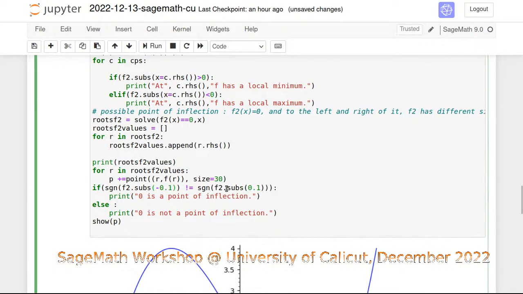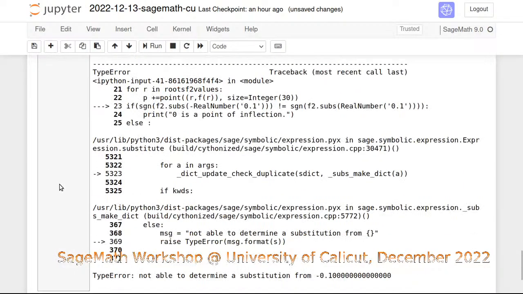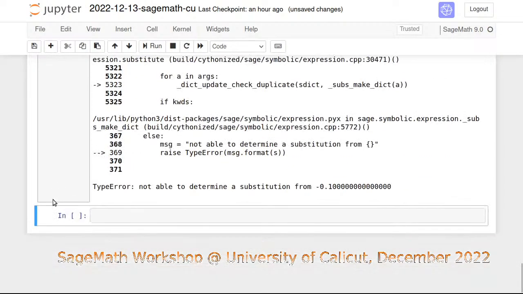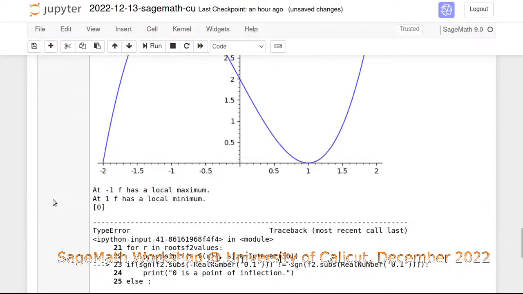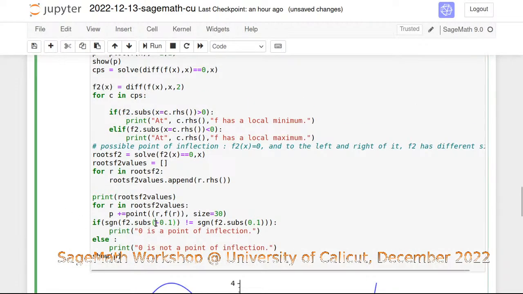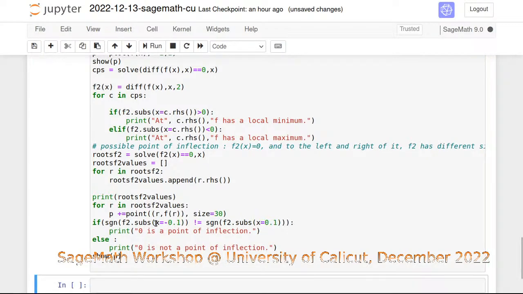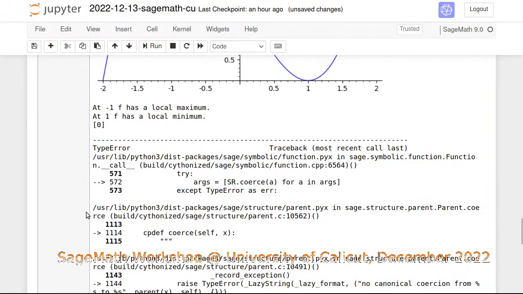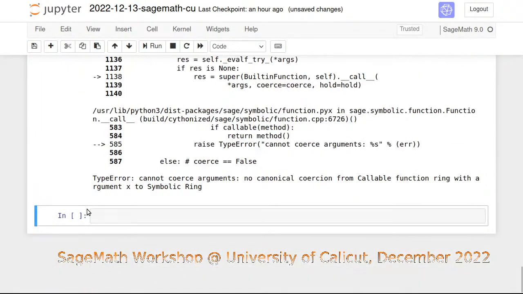Subs for substitute. What's happening here? x equal to, sorry, one second. What is this?